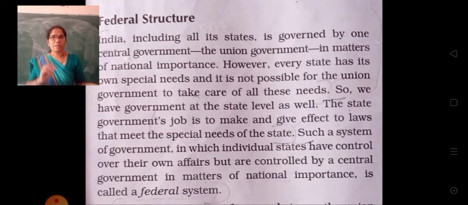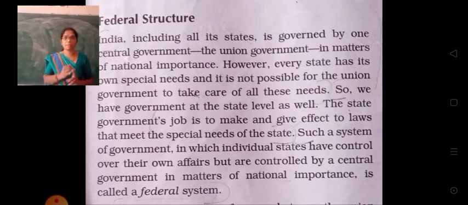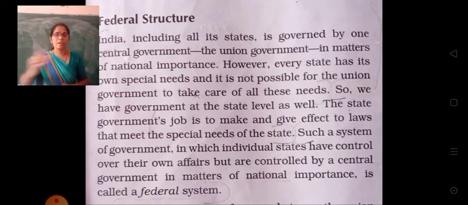We know that ours is a federal structure, which means India, including all its states, is governed by one central government. The union government takes decisions in matters of national importance.